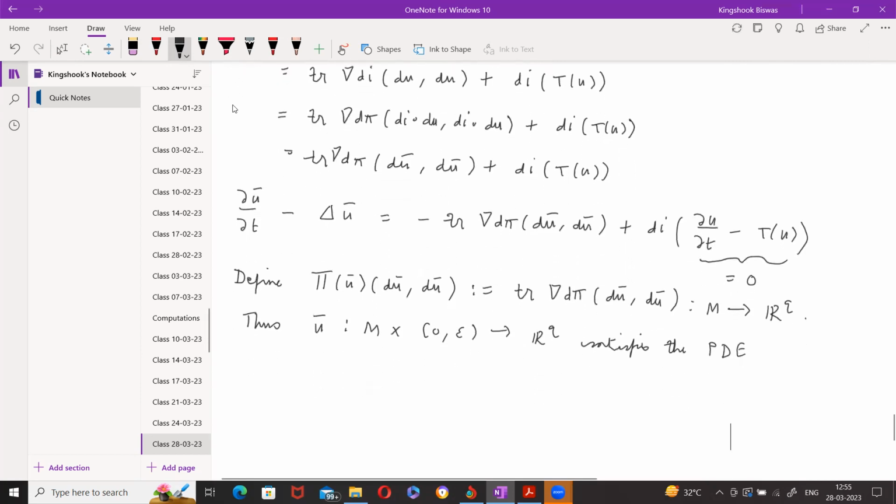It's a nonlinear heat equation: del U bar del T equal to Laplacian U bar minus pi of U bar of du bar, du bar. Okay. So this first part is like the heat equation. And then there's this nonlinear term. This term is what? This is a nonlinear first order differential operator, right?